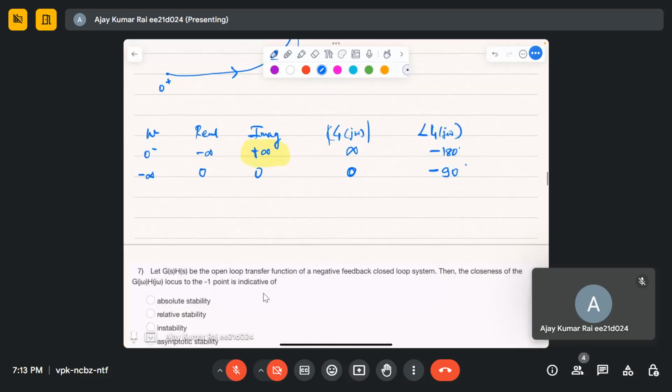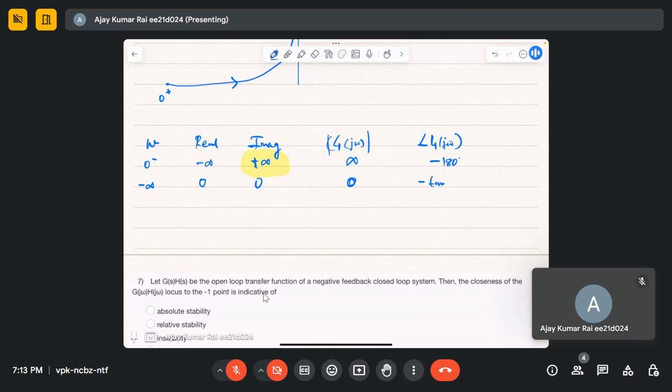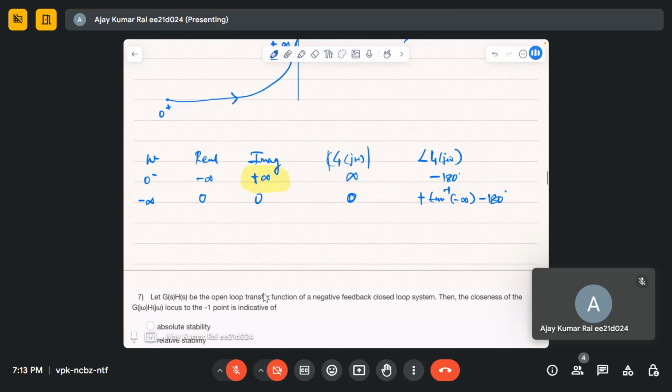So here you are putting tan inverse of minus infinity, minus 180 degree. So what you'll get, this will be minus 90 minus 180 degree. So it will be minus 270 degree.